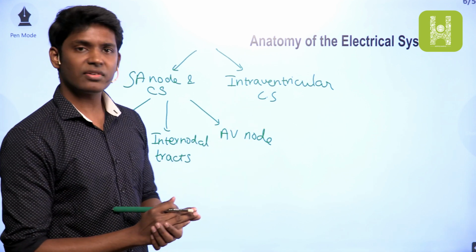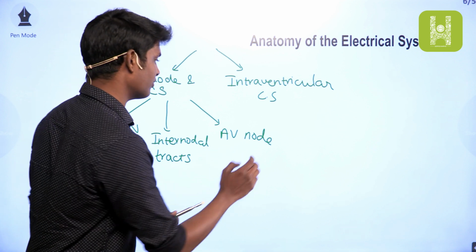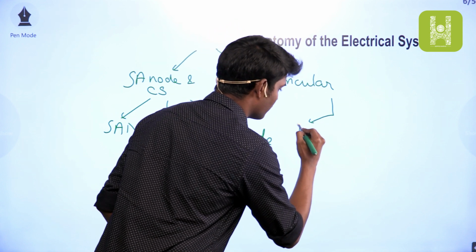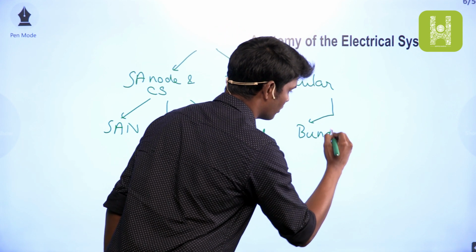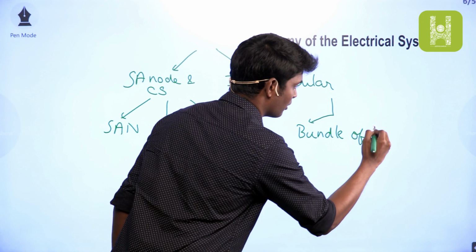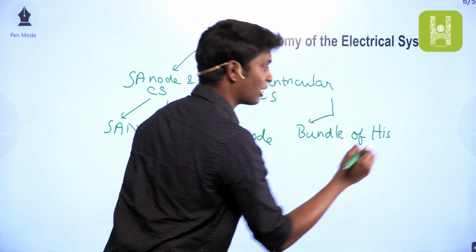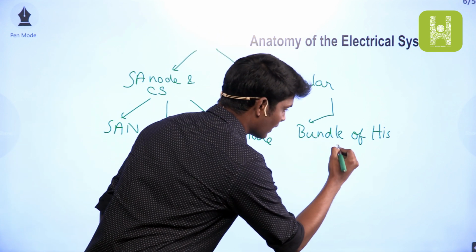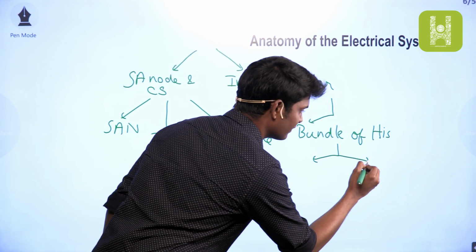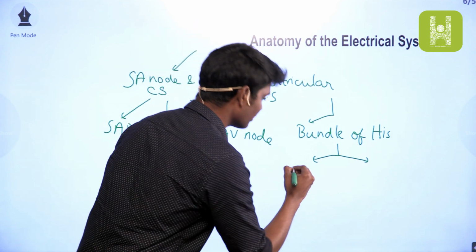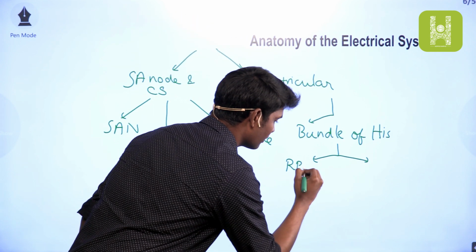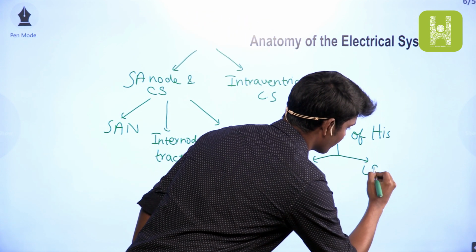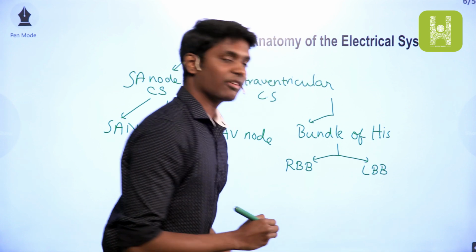And coming to the intraventricular conduction system, it actually consists of the bundle of His. Bundle of His is actually a continuation of the AV node, and shortly after that the bundle of His divides into two branches. The first one is the right bundle branch, and the second one the left bundle branch.